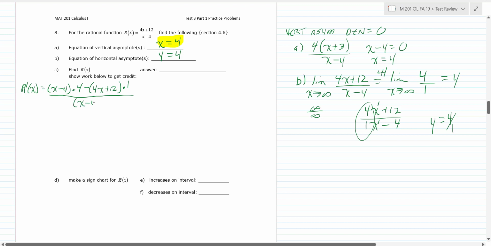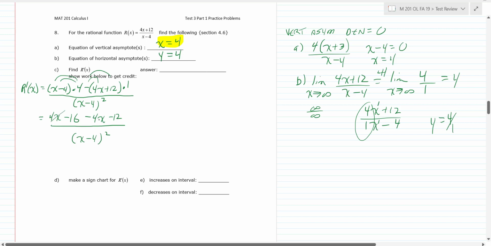We want to get this simplified as much as we can. So this is going to give 4x minus 16 when I do a distributive property. Take the negative through, you're going to get minus 4x minus 12, all over x minus 4 to the second.